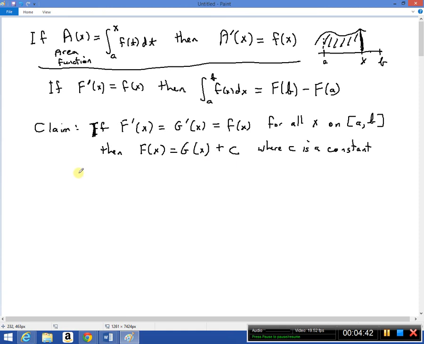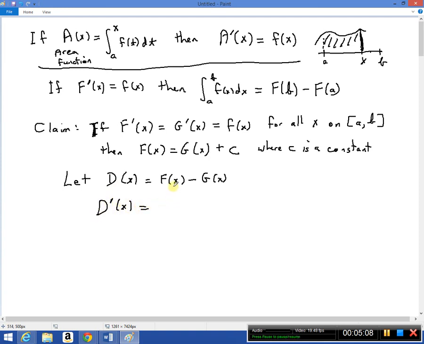Okay, and to prove this, I'm going to start by looking at what happens if I subtract these two functions. So I'm going to make this function capital D, which is going to be the difference between capital F and capital G. Now D has an interesting property. What's the derivative of D?